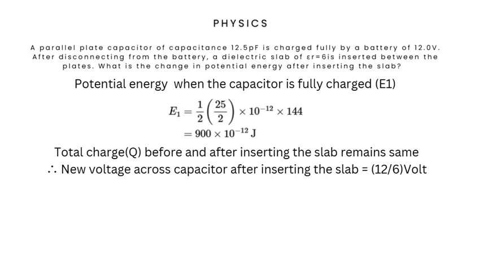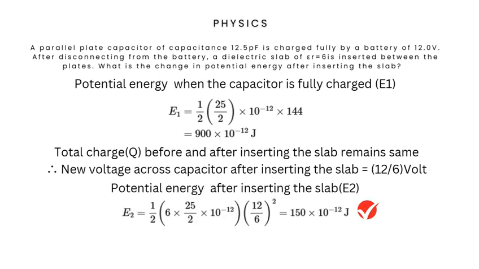Because Q is same, C1 V1 equals C2 V2. Therefore, new voltage across capacitor after inserting the slab equals 12 by 6 volt. Electrical energy stored in the capacitor in the second case equals 150 multiplied by 10 to the power minus 12 joules. Therefore, change in potential energy equals 750 times 10 to the power minus 12 joules.